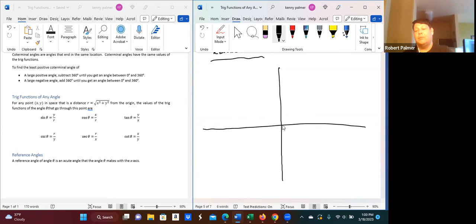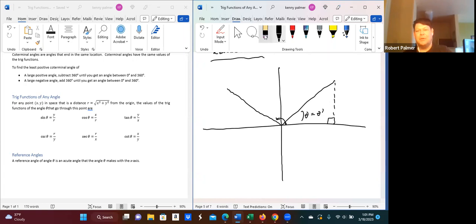Let's say you have an angle in quadrant 1. If this is my angle theta, what you're doing is making a right triangle with the x-axis. In this case, theta is equal to its own reference angle. So quadrant 1 is easy, we don't really care that much about it. Now quadrant 2, here my angle looks like this.